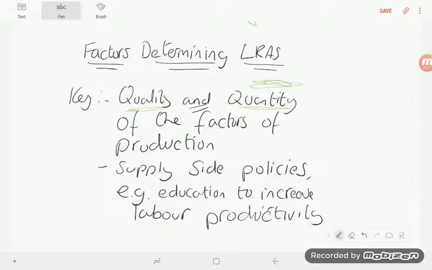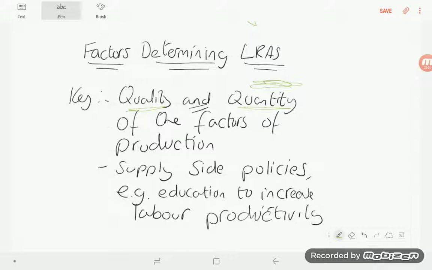Also, the quality can improve through training. Therefore, if we have people who have more efficient ICT skills or math skills, that would mean that they could access higher order qualifications, again, computer programming or engineering.